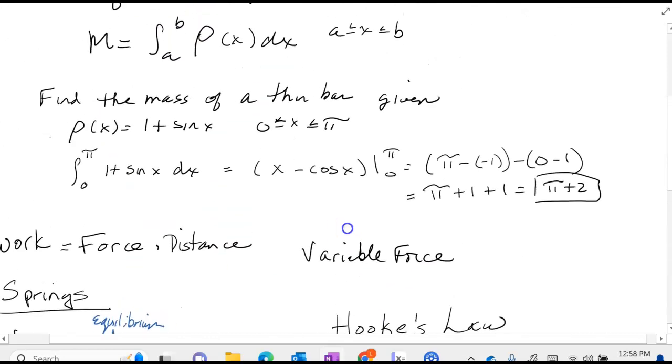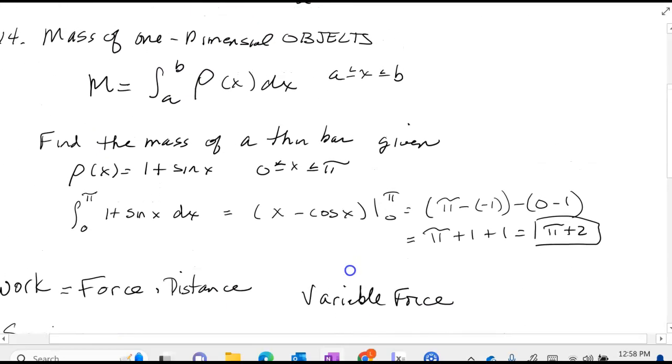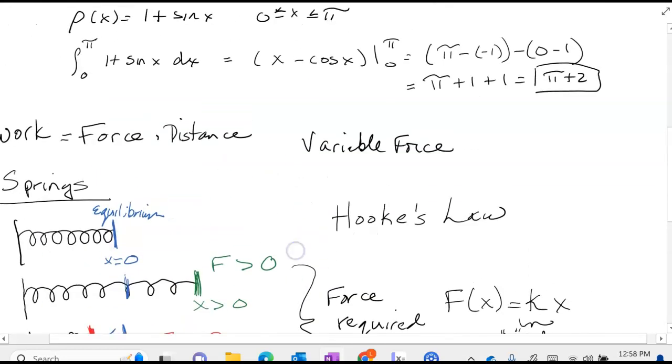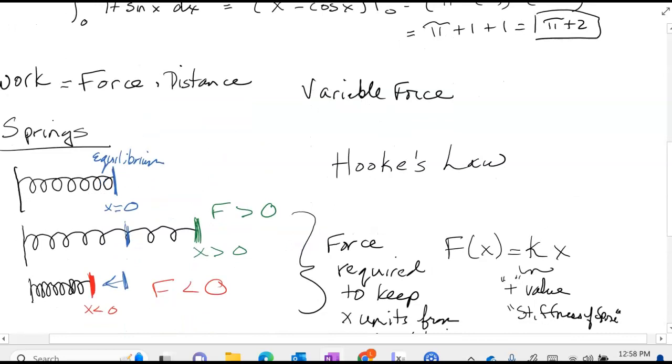So we're going to switch to work. So if you recall, the integral for work, oh, we didn't even do the integral for work. We just did work equal, I didn't do the variable for work.